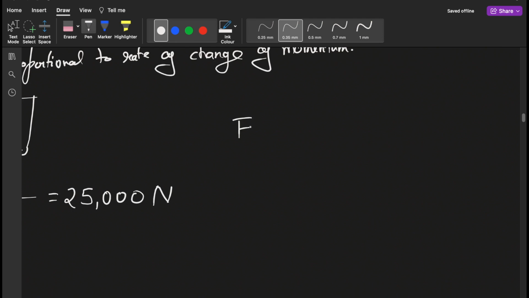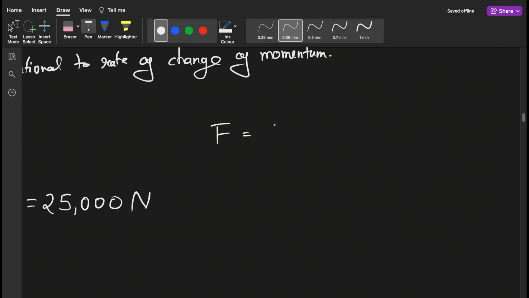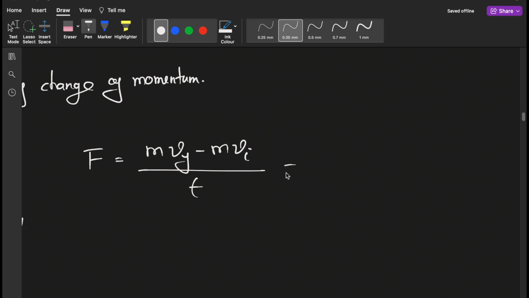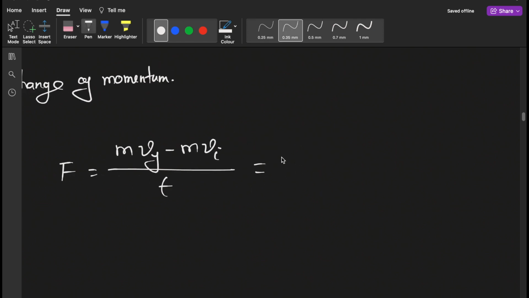So let me derive it. You can write it: rate of the change in the momentum, so I can write like this, correct? Change in the momentum is final momentum minus initial momentum, divided by the time, correct? Yes, sir. And do not hesitate to ask me anything, okay? So that is mv_f minus mv_i divided by t.